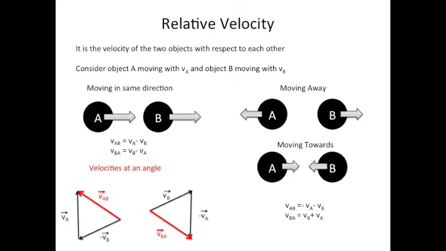Now, that's one thing. Then, expanding that concept where I just said VAB is equal to VA minus VB, you can also calculate velocities at an angle. So if I give you vector A and vector B, which represent velocity A and B respectively, I can actually find out VAB first of all by using the triangle law of addition. So now we want VA minus VB. VAB is equal to VA minus VB. We know that.